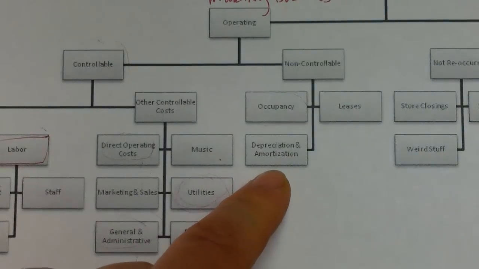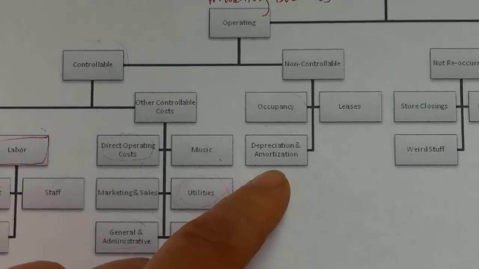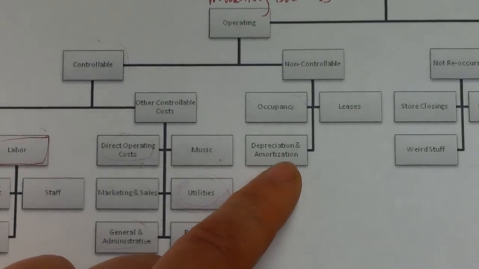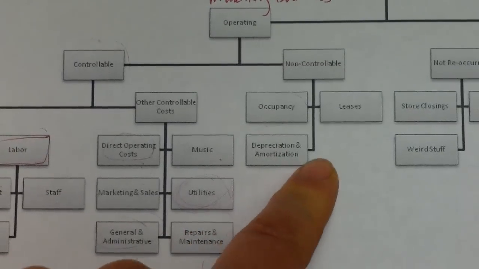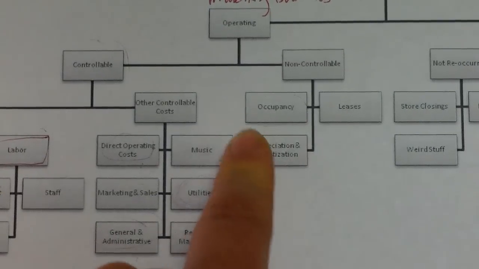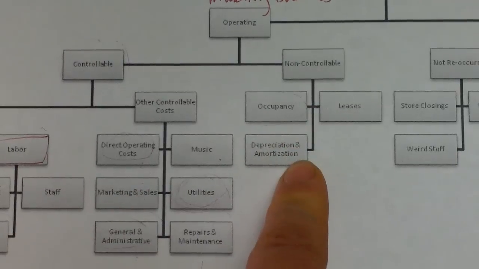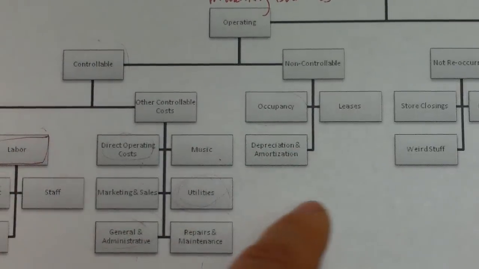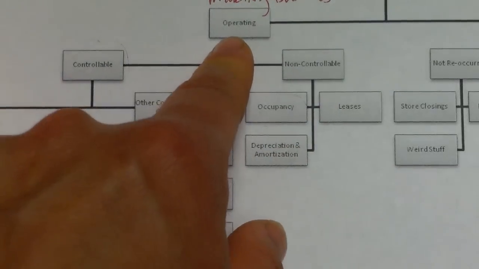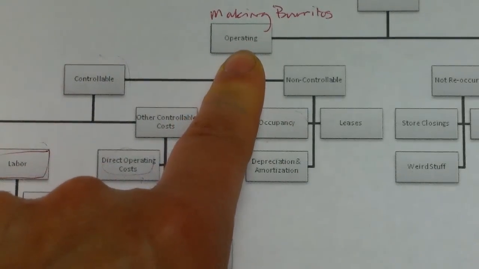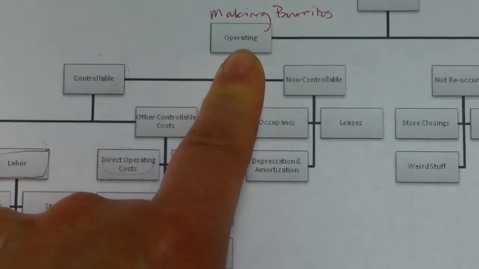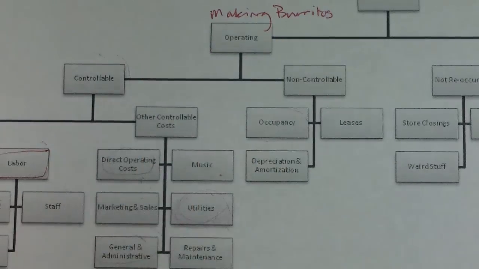And depreciation and amortization: if they have a whole bunch of leasehold improvements, or they've leased the ice machine, or if they bought another company, like Chipotle Junior, and overpaid for it and there's goodwill to amortize, that's not something the day-to-day manager can really control. Yet all of that is directly related to Chipotle's ability to make burritos, to being in the business of making burritos. So those are all operating related.